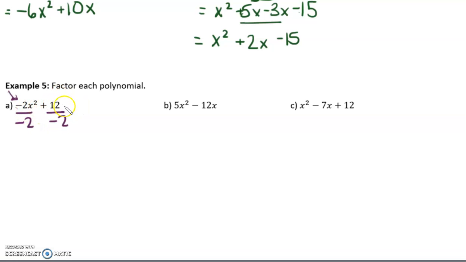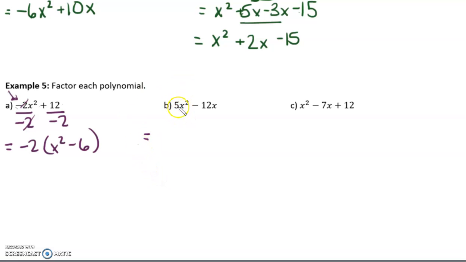Okay, and then the 12 doesn't have an x, so we just leave the x's. Okay, so we want to bring down our factor and put everything else into brackets. So those cancel, and we're left with x squared and then -6, right? 12 divided by -2 is -6.